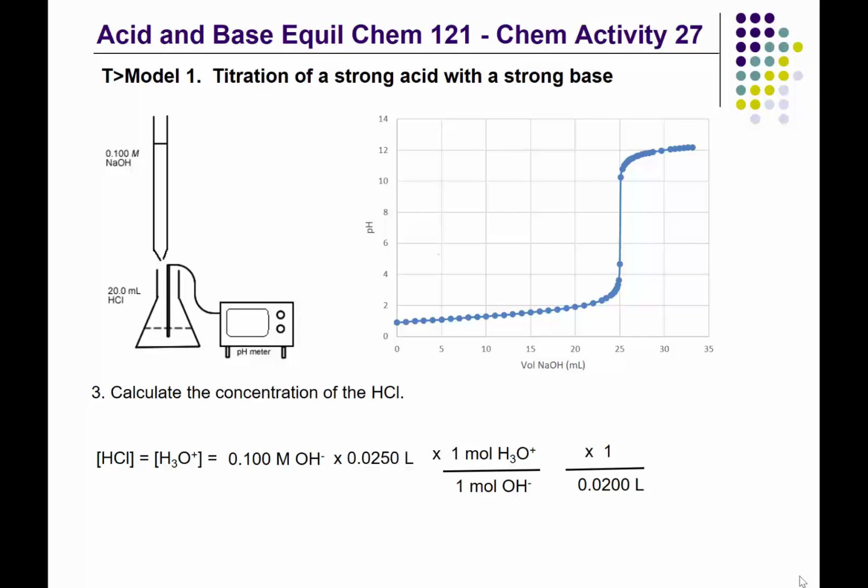And this will give us the original concentration of the hydronium ions, and correspondingly the HCl. You can see that this is equal to 0.125 molar. This is a typical stoichiometry calculation, such as what we saw in first semester of our first year course. In the next video, we will look at titrations involving a weak acid with a strong base.